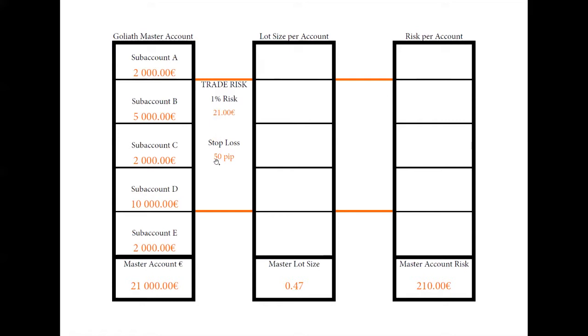The stop loss at 50 pips would mean the lot size in the master account would be 0.47, meaning 4 minis and 7 micros.